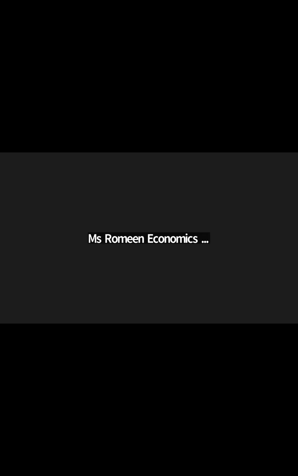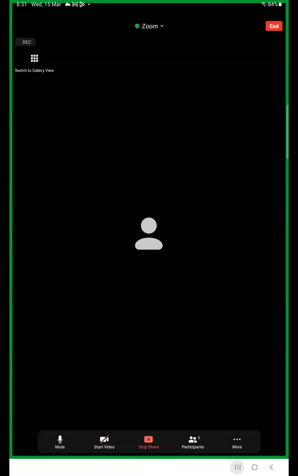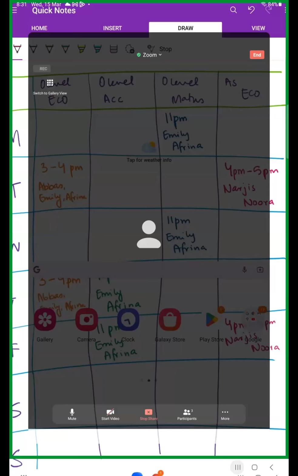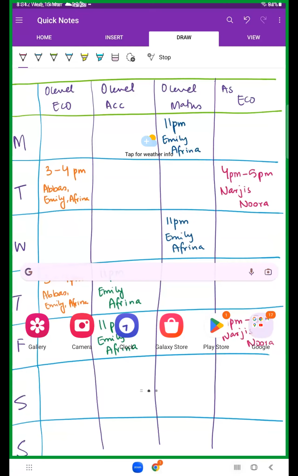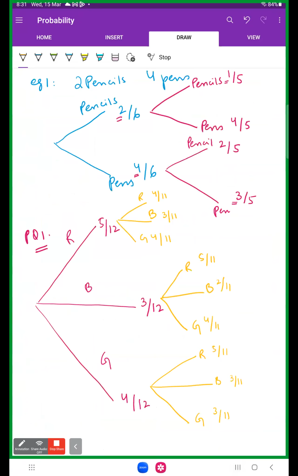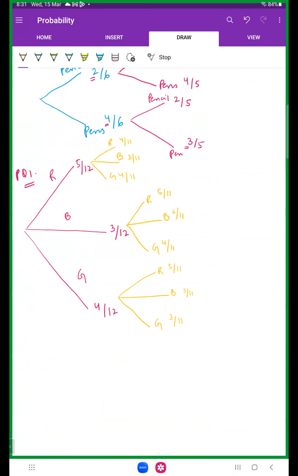Emily, are you done? Yes, I'm just going to get my phone so I can take a picture. No, don't take a picture. It's fine. I'm sharing my screen. Just compare it with my diagram, okay? Can you see the screen? Yeah. Please check your tree diagram, and if it's correct, I would like you to proceed with the questions.